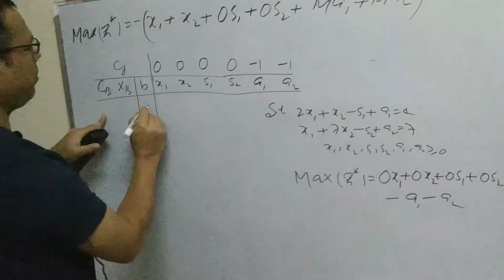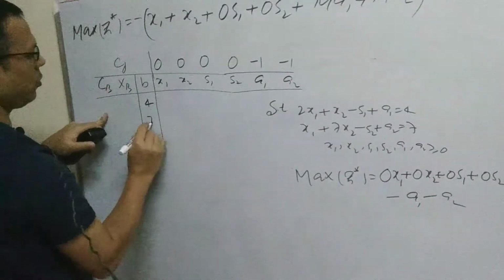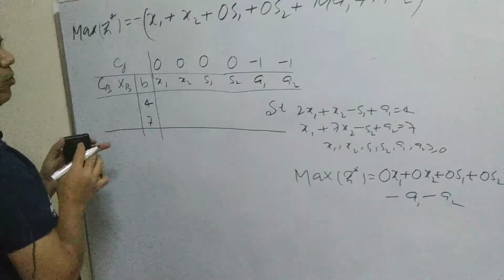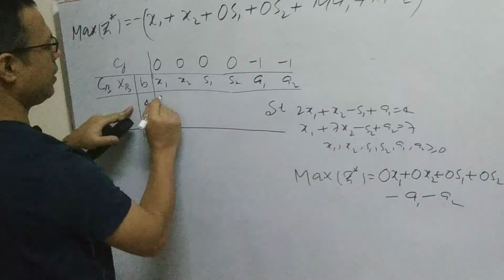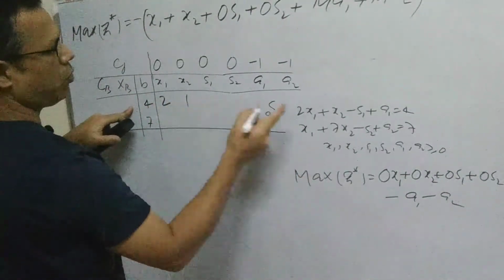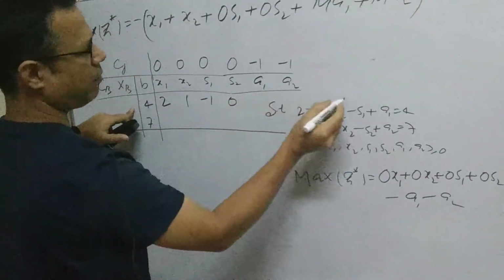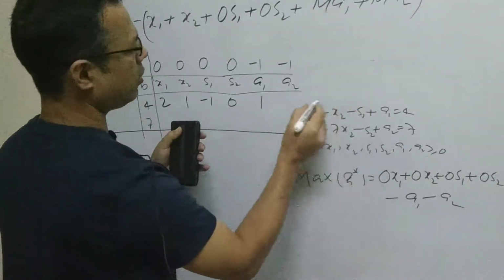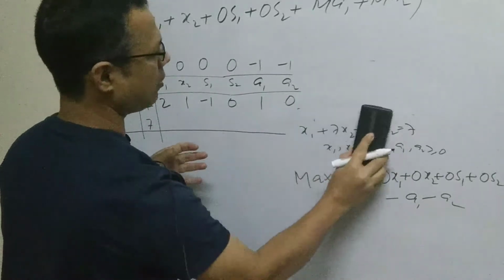The right hand side is 4 and 7. Now we fill this table by the respective coefficients: 4, 2x1, 1x2, minus 1 s1, there is no s2, a1 with coefficient 1, and there is no a2, so this term is 0.